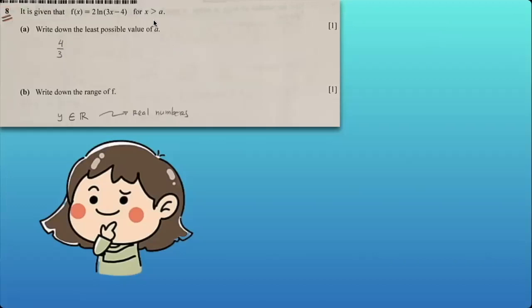So x is greater than 4/3. Okay. Write down the range of f. Well, range means y value. Now, for the y value, can be 0, can be negative, can be positive. So y is an element of real numbers.